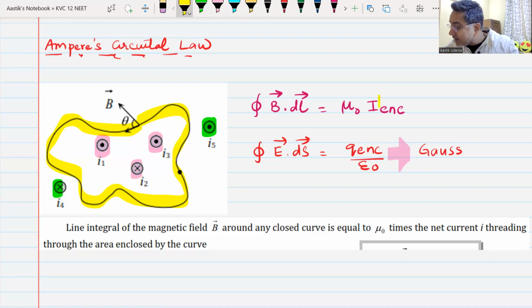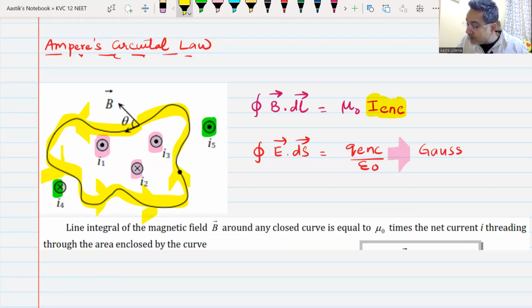Now remember, in this Ampere's circuital law, we only include the current which is coming inside the loop. In this loop, we are having three currents. Do we see those three currents? Yes, sir. Those three currents are I1, I2, and I3. And I am moving in the loop in this direction. As you can see, my direction is anti-clockwise.